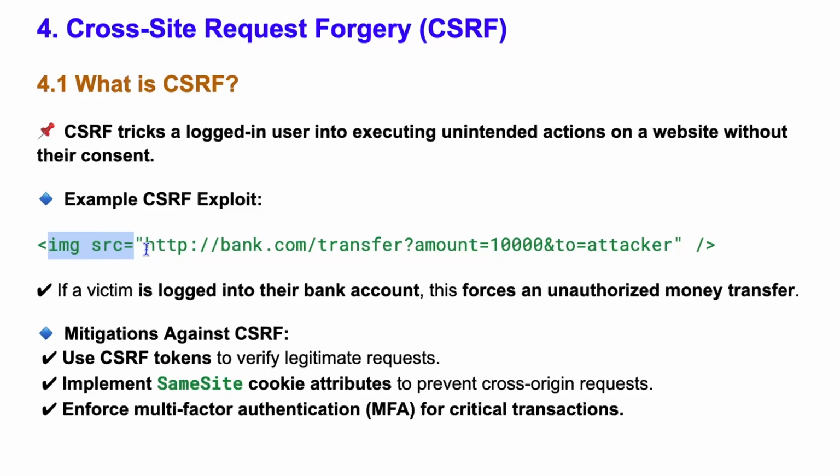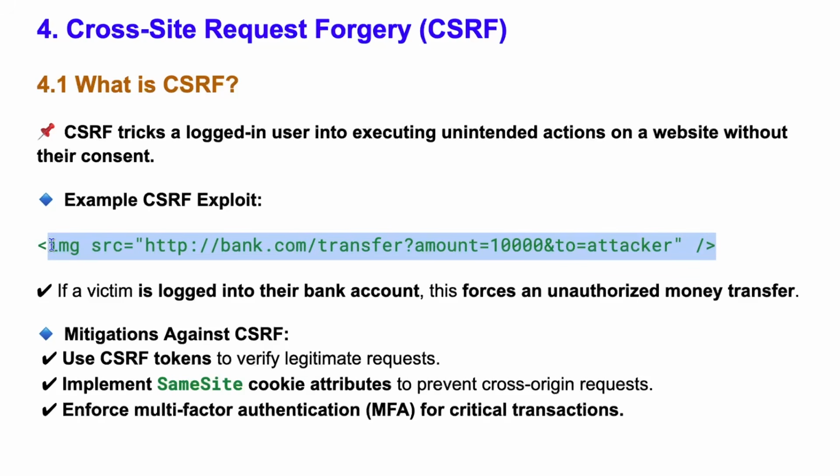Now, if that is the case, what if we put something inside of that image source URL, so that every time that they loaded that picture of the cat, instead of the cat image being loaded, it loads this little query right here, where it goes to the bank and we're submitting a transfer request to transfer $10,000 to whoever the attacker's username is, right? Why not try it? And then, of course, the image source HTML ends at the piece right here. So it's literally essentially HTML. This is pretty much what it is.